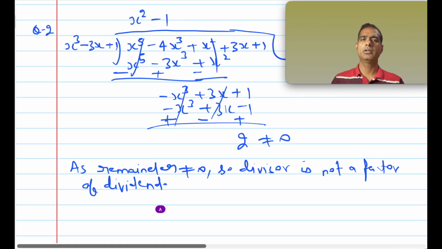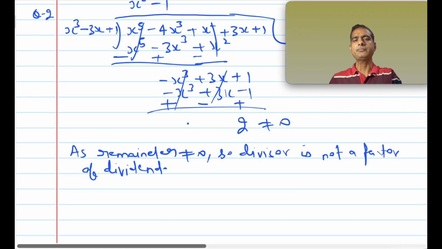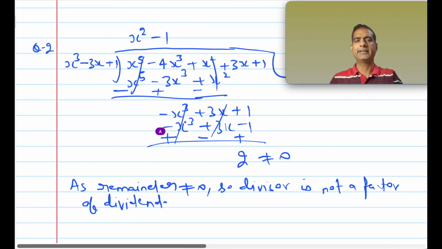So we solved two problems. In one problem, the remainder was 0, so the divisor was a factor of the dividend, and in the second problem, the remainder is not equal to 0, so the divisor is not a factor of the dividend. So this was part 3 of question number 2.